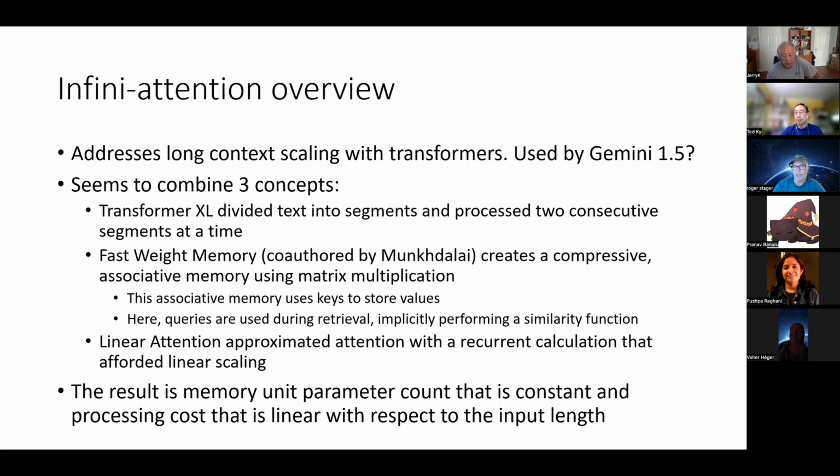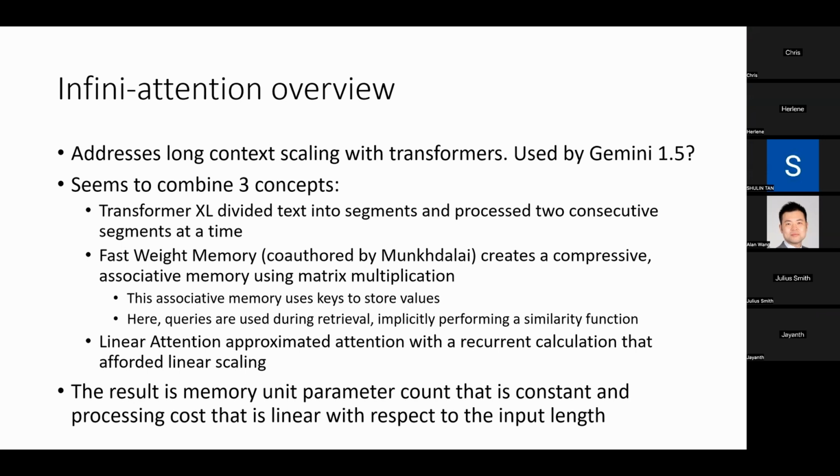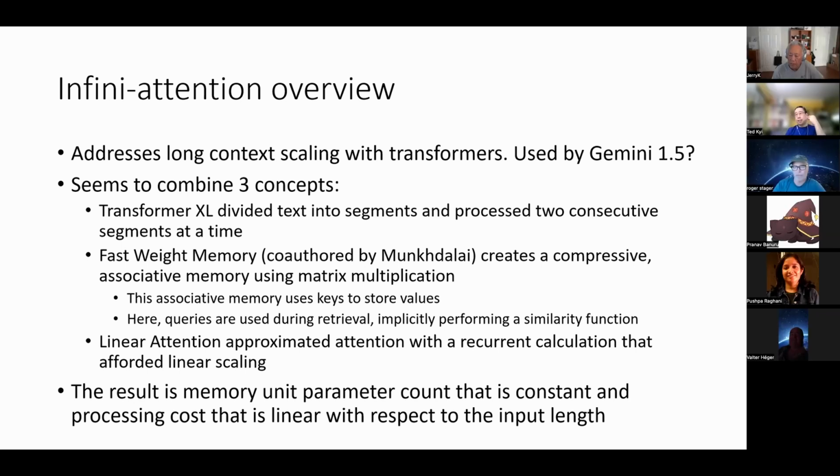Hey, stupid question. The word great could mean different things depending on the context it's used in. So is there going to be a problem with that association? So in higher layers of an LLM, the embedding for the word great would tend to be context dependent and no longer just based on the word great.